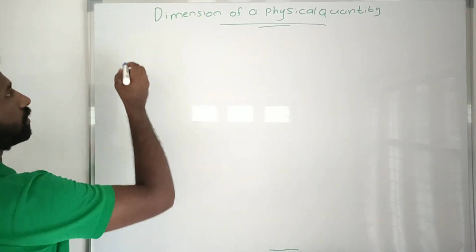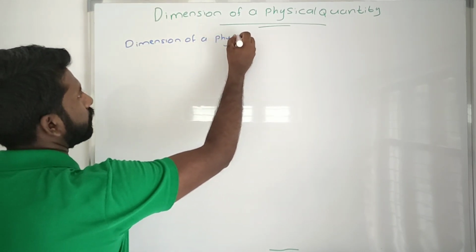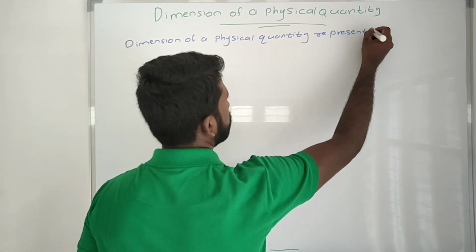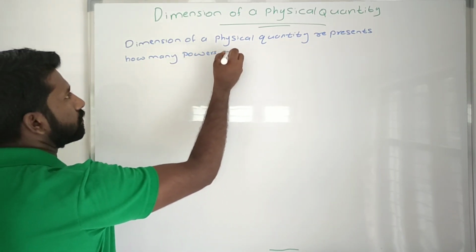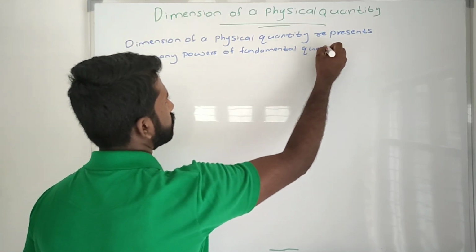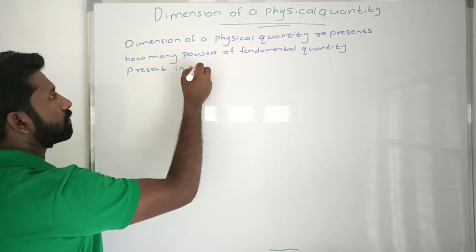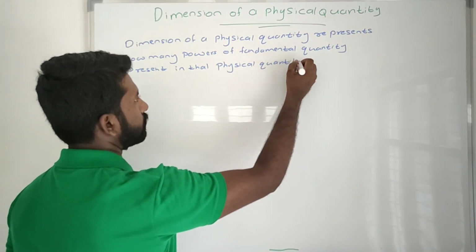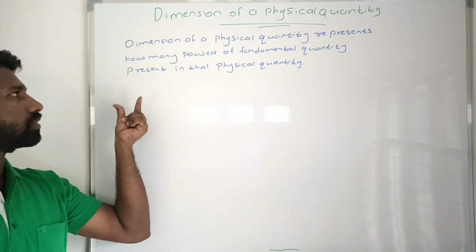So we can write: dimension of a physical quantity represents how many powers of fundamental quantity are present in the physical quantity.